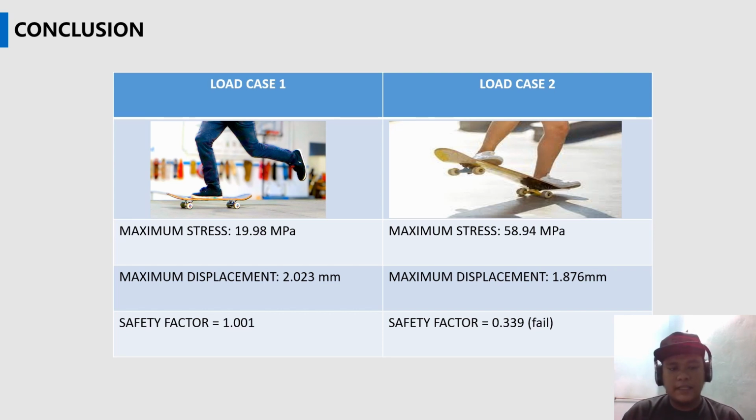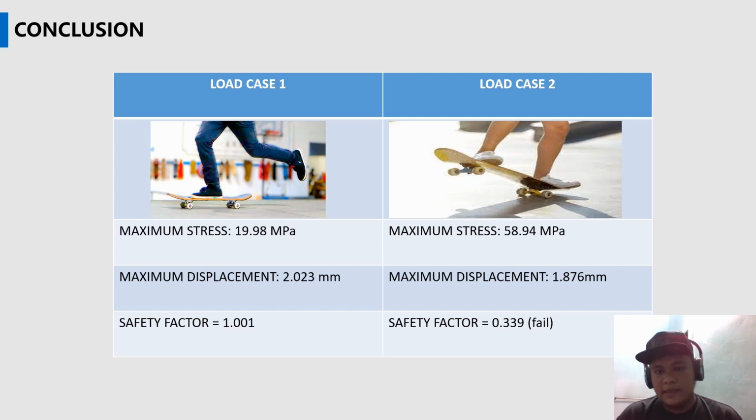Besides, the safety factor for load case 1 is higher compared to load case 2, where the value of the safety factor for load case 2 is 0.339. It shows the skateboard will fail when the skater is doing this trick. It shows that the deck, which is made of balsa wood, cannot stand the impact force when doing this trick. So, higher material properties are needed to avoid this failure.